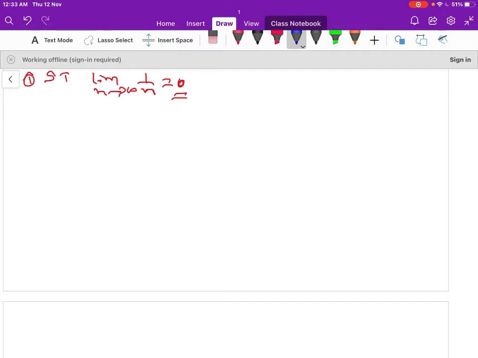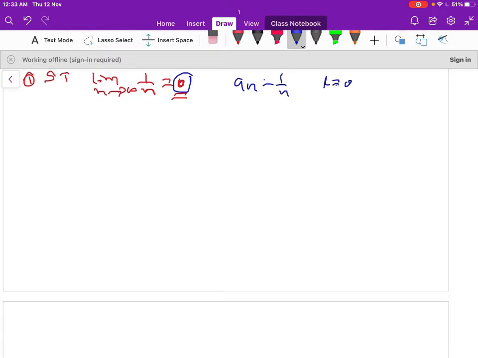Show that the limit of the sequence 1 by n as n tends to infinity is 0. Here a_n is equal to 1 by n, l is equal to 0.